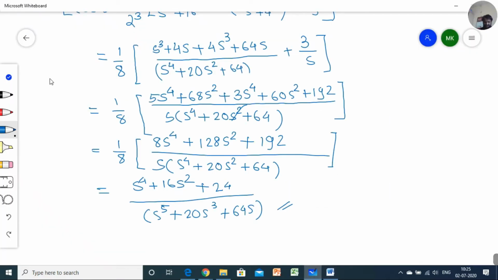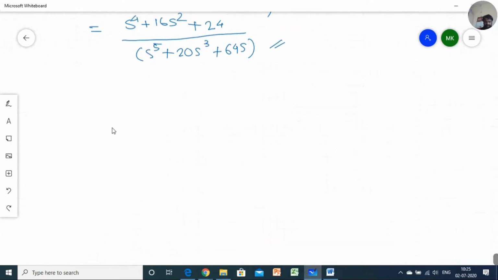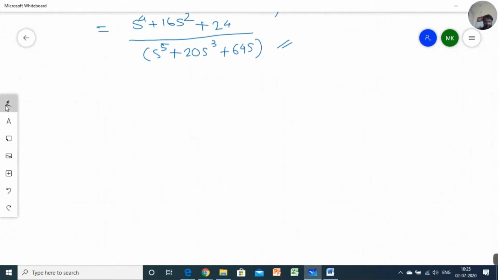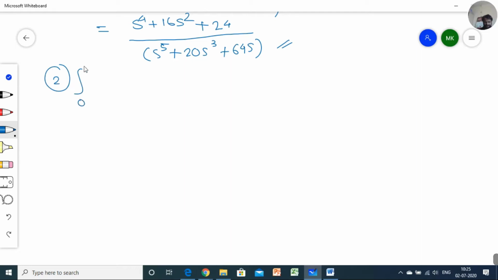The integration derivative rule is... so the second, I'm taking the integral 0 to infinity e raised to minus t t cube into sine of t into dt. Just let me check whether the question is proper.